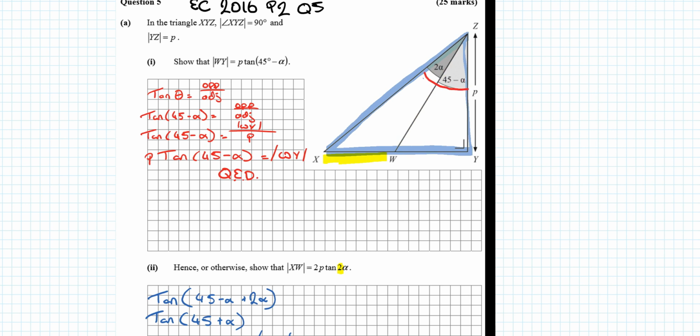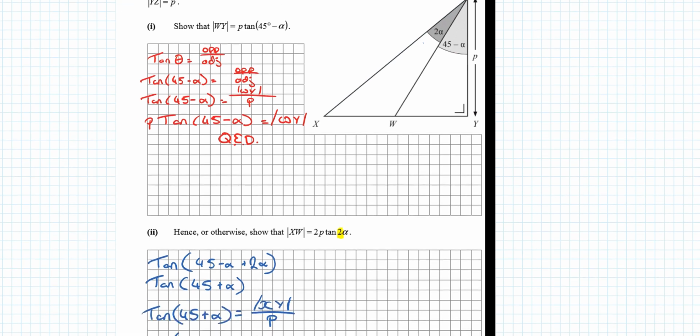Well, it's going to be 45 minus alpha plus 2 alpha, which works out to be 45 plus alpha. So what's the tan of 45 plus alpha? It's opposite, which is XY, over adjacent, which is YZ, which is the length P. So we end up getting tan 45 plus alpha is equal to XY over P.